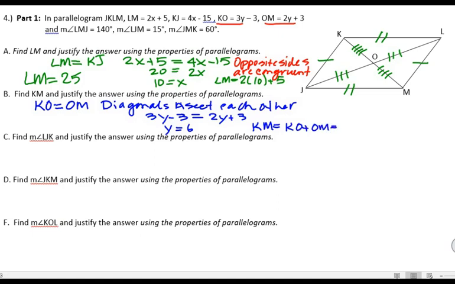So that's equal to 3 times 6 minus 3 plus 2 times 6 plus 3. So these 3's are going to cancel each other out. So that's going to be 18 plus 12, which is 30. So KM is equal to 30.